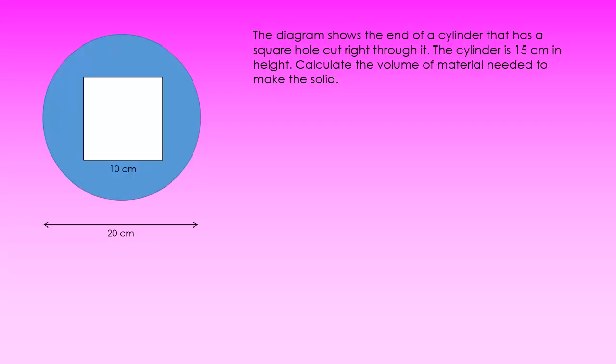So that's what we're going to do. So the volume is going to be the cross-section area multiplied by the length of the shape. So we have 214.159 and so on as the cross-section area, the area of the blue bit, and we know the height of the cylinder is 15.